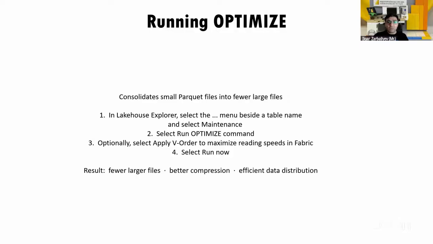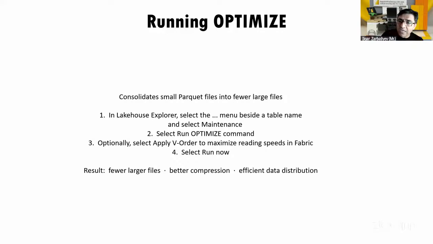To run it from the interface, go to Lakehouse Explorer. Actually, I'm going to demonstrate the lab tomorrow, and I will show it. After going to Lakehouse Explorer, we select the ellipsis menu beside the table name and choose Maintenance. Then select Run Optimize command.